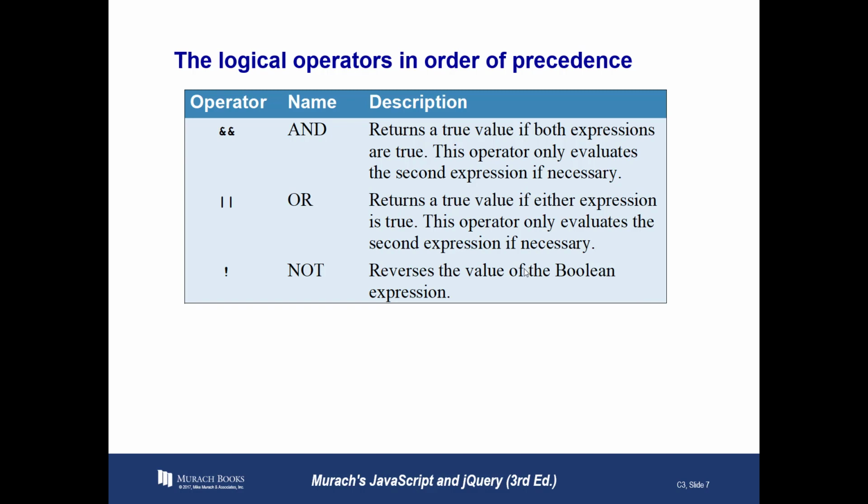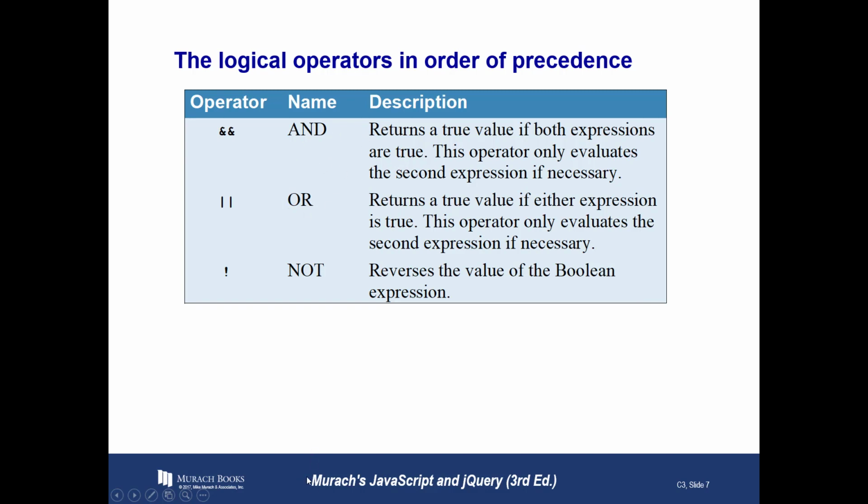And if I say if x greater than y and a less than b, both of those things to the left and the right of the and sign, which is the two ampersands, must be true. Or means only one of them has to be true. So if I say if x greater than y or a greater than b, if either one is true, the whole thing is true. Now, and or use what's called short circuiting.